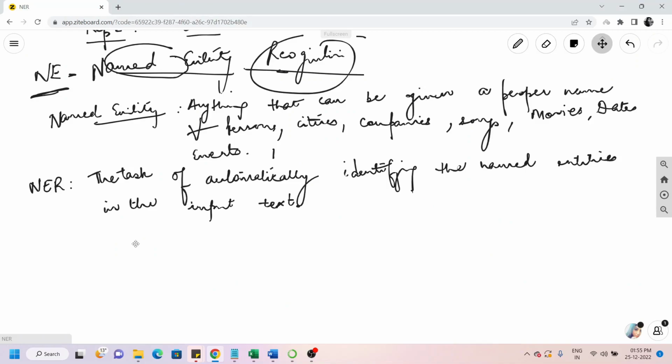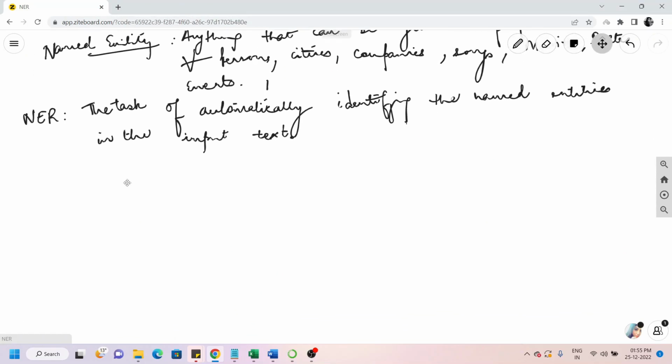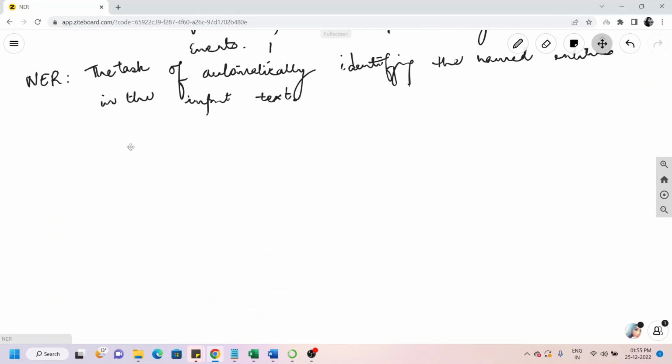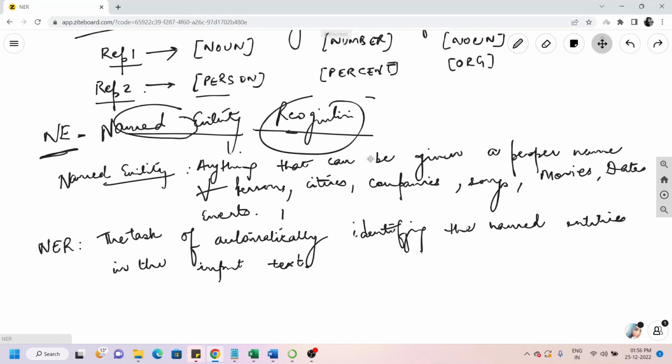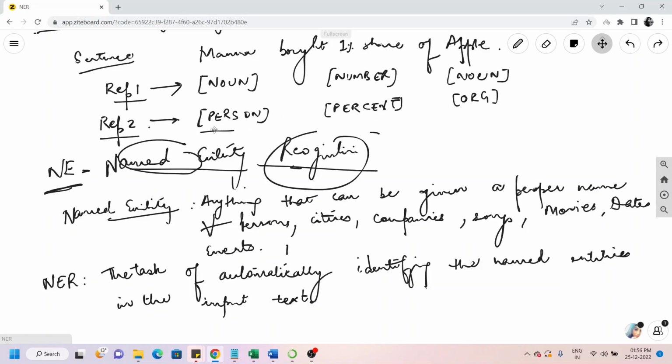Now, what are some commonly used named entities? As of now, we have seen kinds of named entities: person, organization, but there are more.